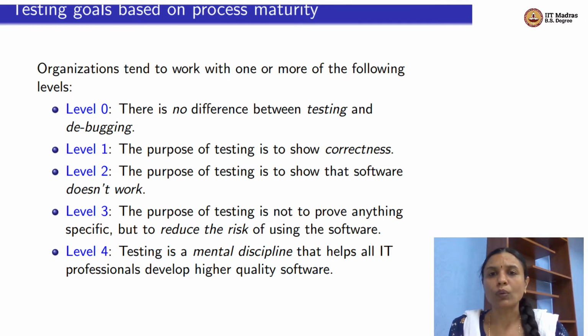So level 0 is absolutely low level. There is absolutely no difference between testing and debugging. Anybody is free to do what they want to do. Followed by testing at level 1, where people think that the purpose of testing is to show that their software product is correct. It goes on to level 4, as you can see in this slide.